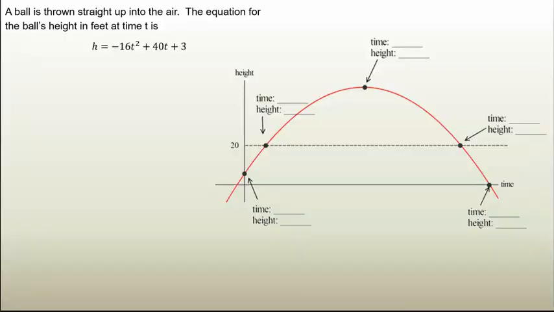Okay, let's take a look at an example here. We're going to throw a ball. To find the initial height, I select C. So the initial height here is 3. Then the height when the object lands is 0.